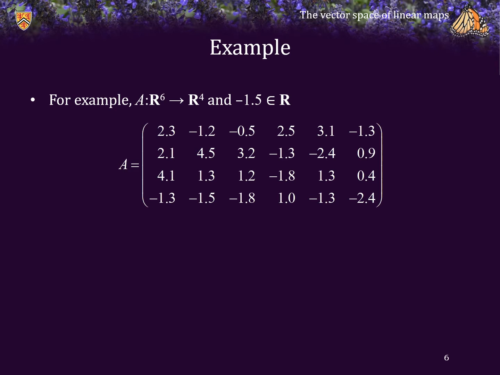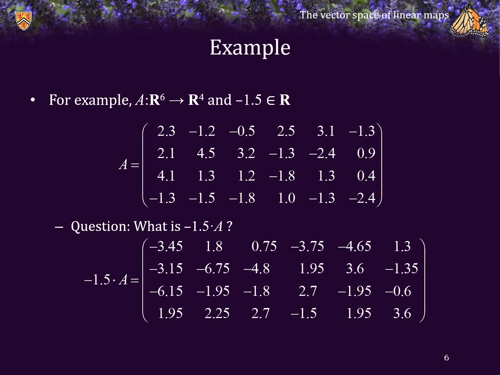Okay, here we have A mapping R^6 to R^4, and we have that negative 1.5 is a real number. So here's our matrix A. What is negative 1.5 times this 4 by 6 matrix? Well, we just multiply each entry by negative 1.5 to give us this matrix here.